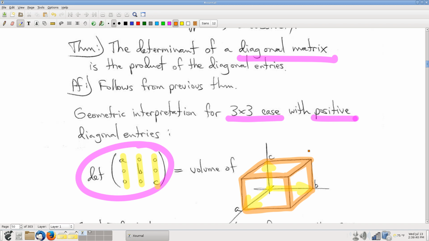With positive entries on the diagonal, this determinant is positive.